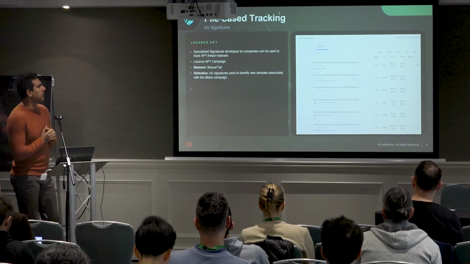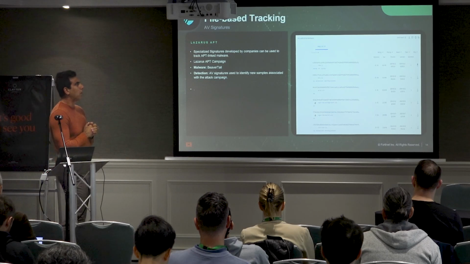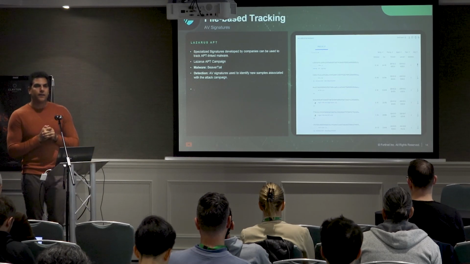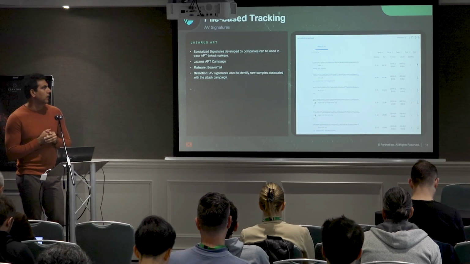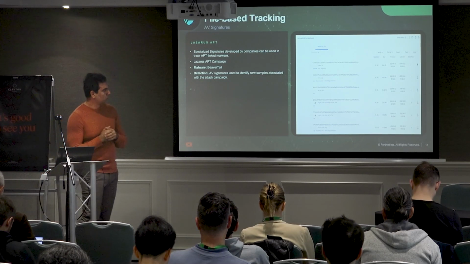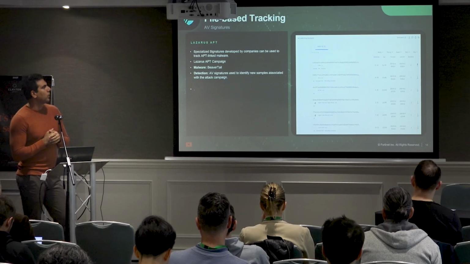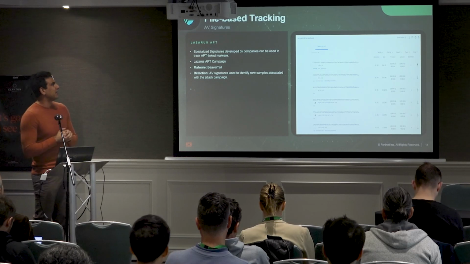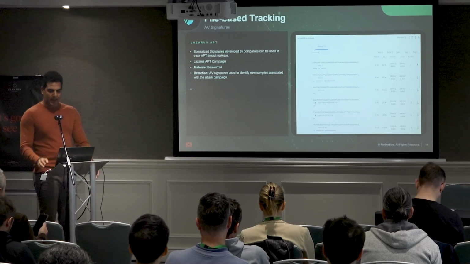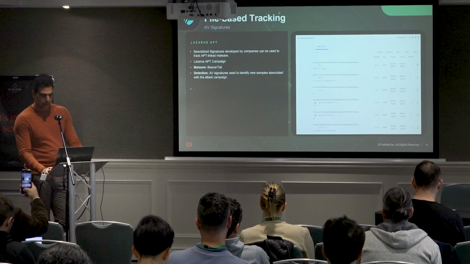ESET is doing a really good job tracking North Korean APTs and especially Bluetel malware. At the time, there was a very low detection rate on those samples. But if you know how to use those rules or AV signatures, you would be able to track all the Bluetel samples associated with Lazarus APT.